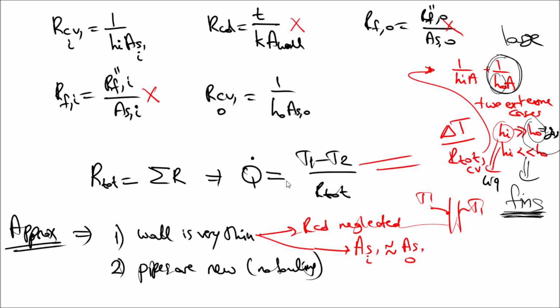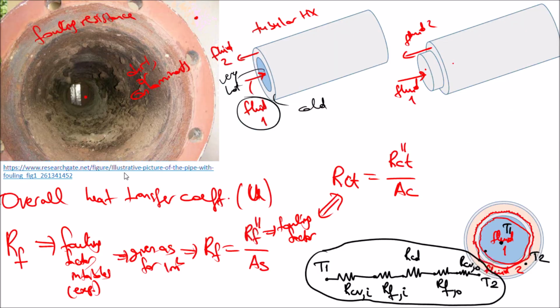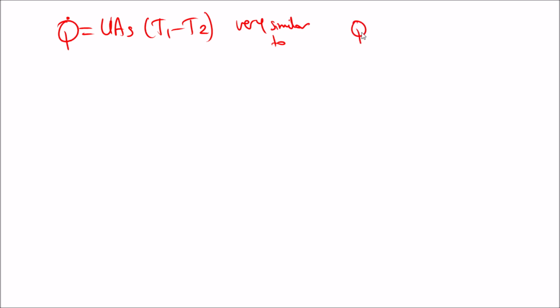This is the result of the thermal resistance network for the fins, and we will now introduce the overall heat transfer coefficient. Now I will write Q dot as U times surface area times T1 minus T2. It is very similar to Newton's law of cooling, which says that Q dot is h A T1 minus T2.